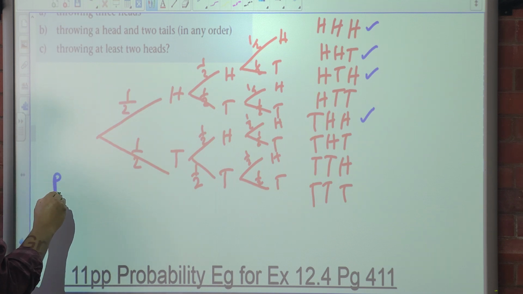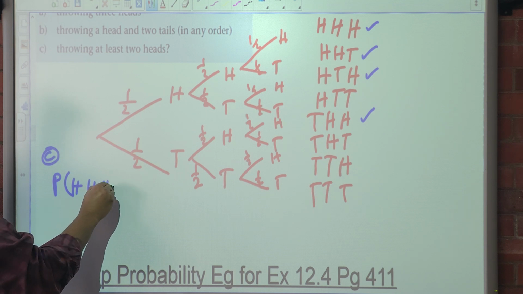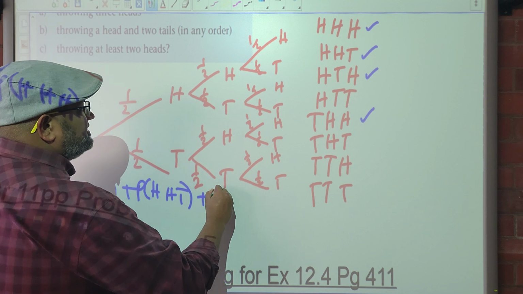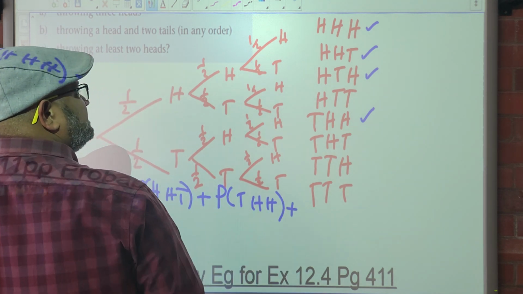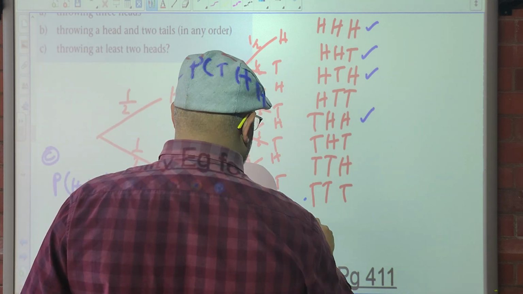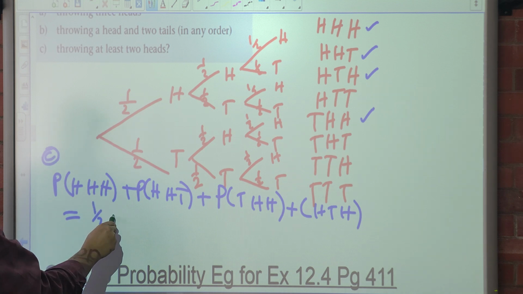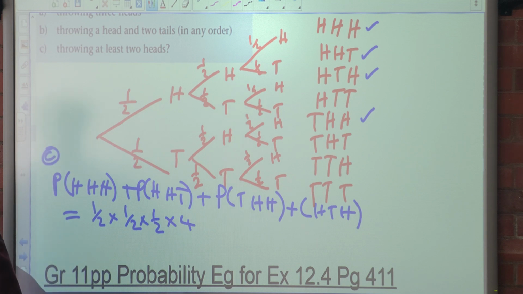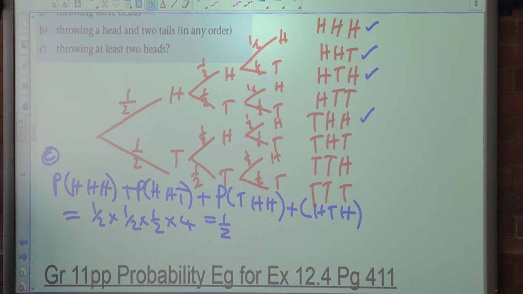So the probability for C would be heads, heads, heads plus heads, heads, tails plus tails, heads, heads plus heads, tails, heads. So that is 1 out of 2 times 1 out of 2 times 1 out of 2. And how many of them are there? 4. Which gives you, or I could have said 4 out of 8, which is half.